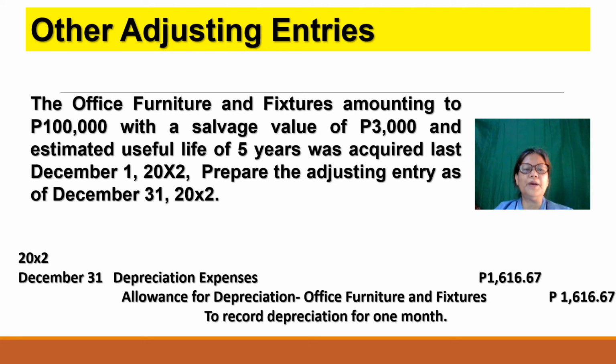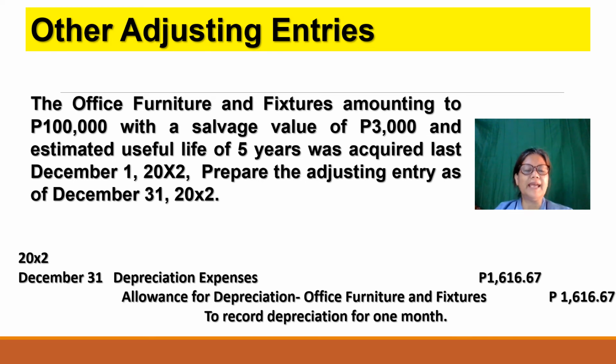Do you still remember how to compute the depreciation? Okay, very good. So, we're going to determine first the acquisition cost, which is 100,000 pesos. And then we are going to deduct the salvage value of 3,000 pesos. After that, you are going to divide all over 5 years.